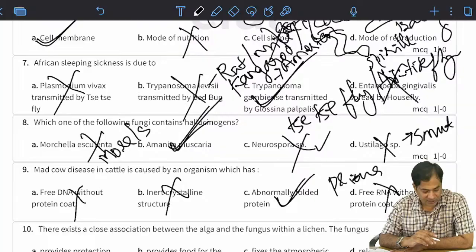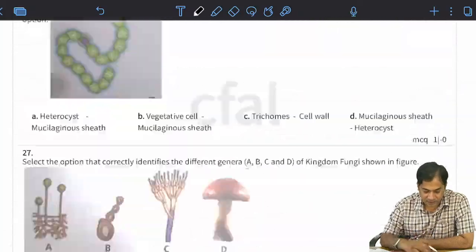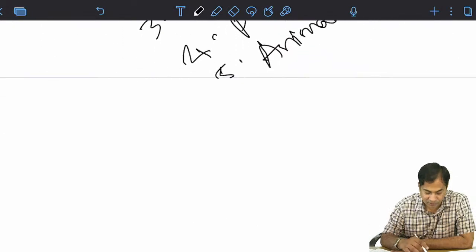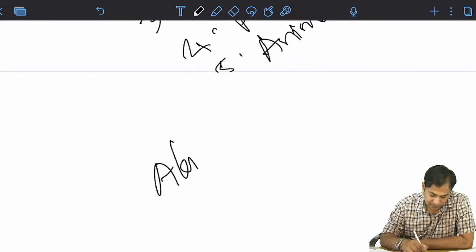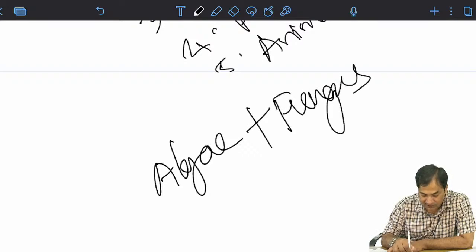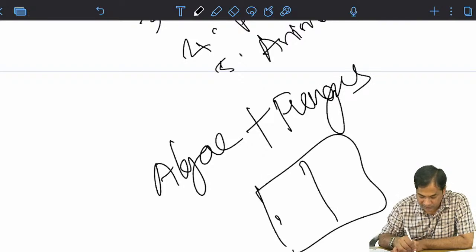Mutual benefit here means algae is green, photosynthetic, it can prepare its food. Lichen is partially algae and partially fungus.